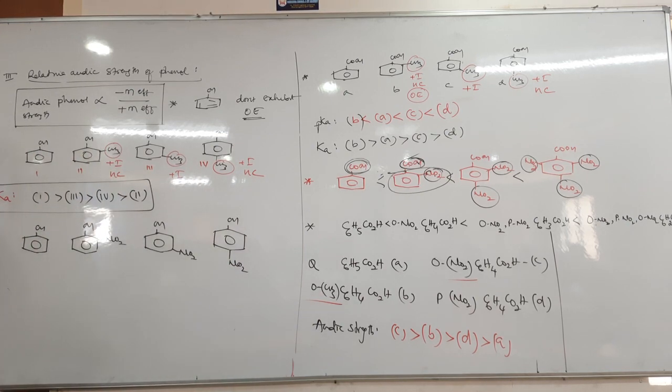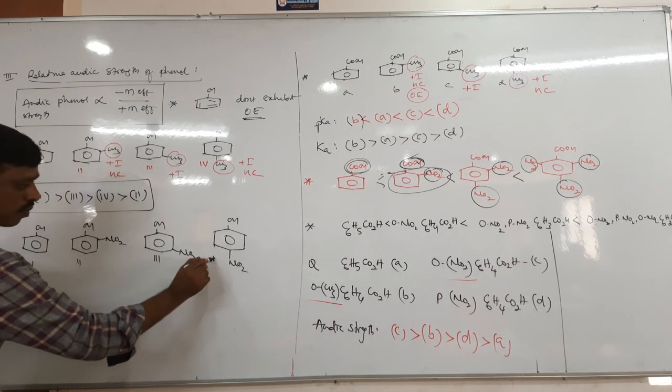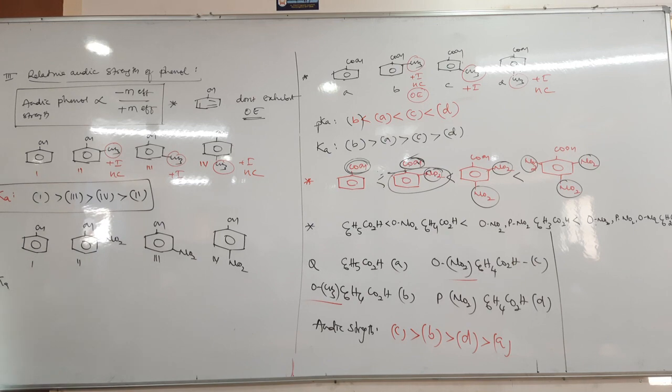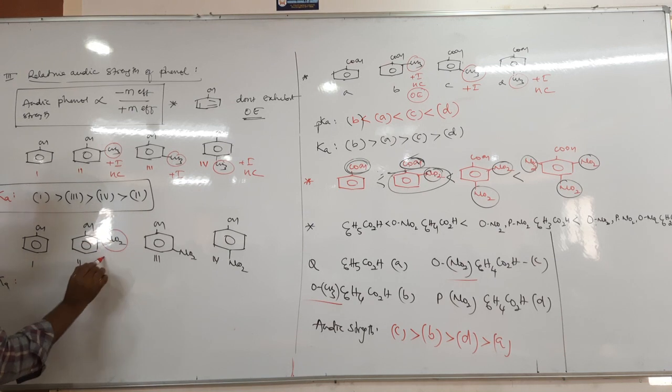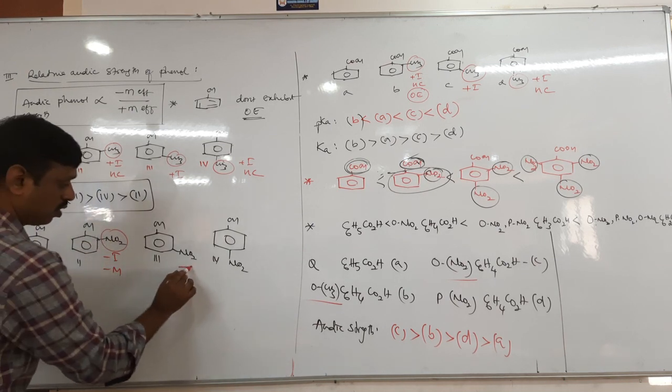Tell me, so what is the order of acidic strength Ka? Which is more acidic? Second, because there is a minus I and minus M here.